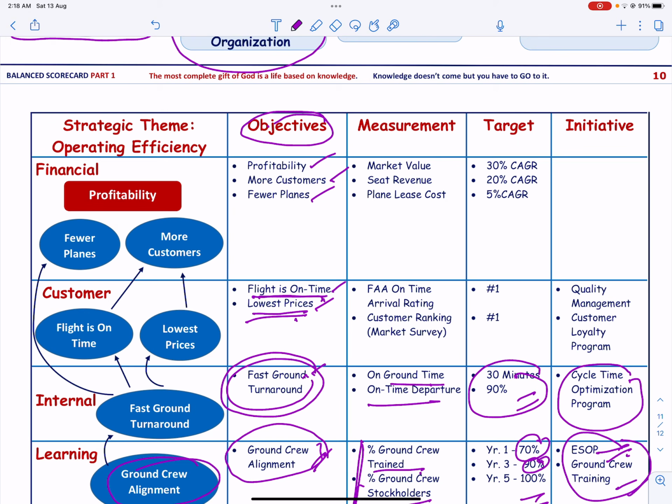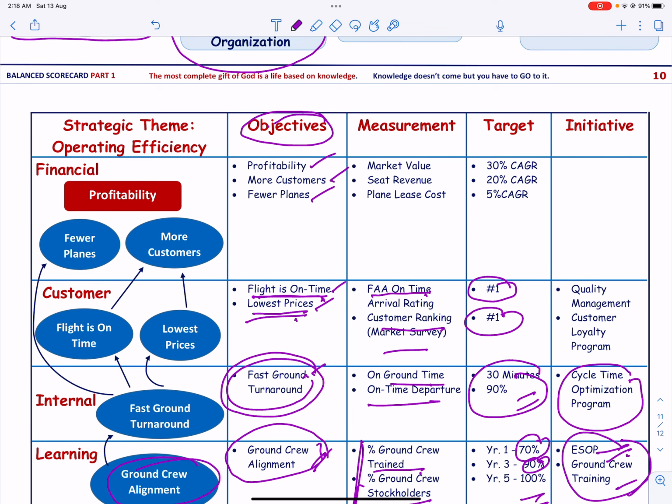This will be measured by monitoring the FAA, that is Federal Aviation Administration, on-time arrival rating, and the target is to be number 1. Not only this, the company's target is to be ranked number 1 by the customers, and this will be monitored through market surveys.